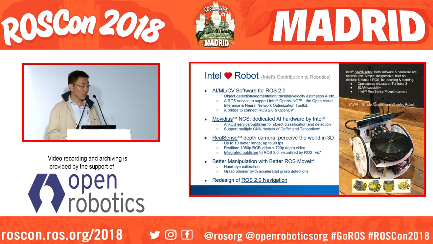There are ROS service and bridge about AI, machine learning, computer vision, publisher of dedicated AI hardware manufactured by Intel, and the publisher of a 3D camera made by Intel, navigation stack for ROS2, and there is also an open source robot. You can see the picture on the right. It's open source both in hardware and software.